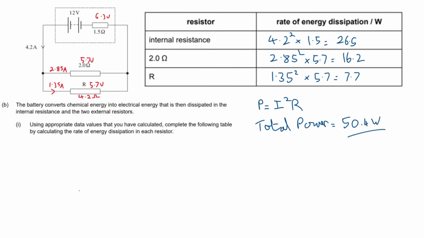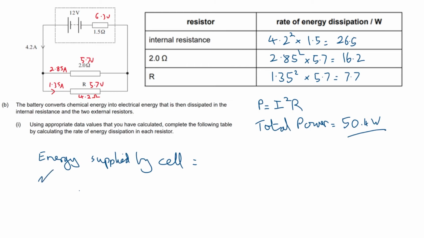The very last part, which I haven't shown here, then asks you to think about the power generated in the battery and prove or show that energy is conserved. Well, we can't use I squared R for the EMF part of the cell because that bit has no resistance. So this time we have to say that the energy supplied by the cell is going to be equal to voltage times current.